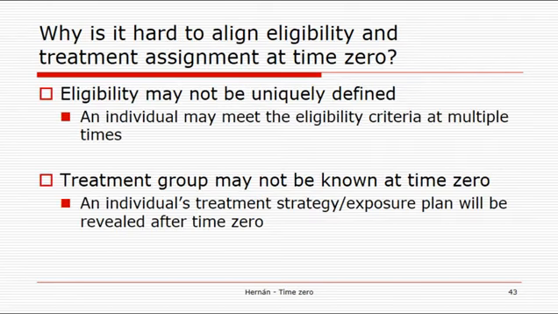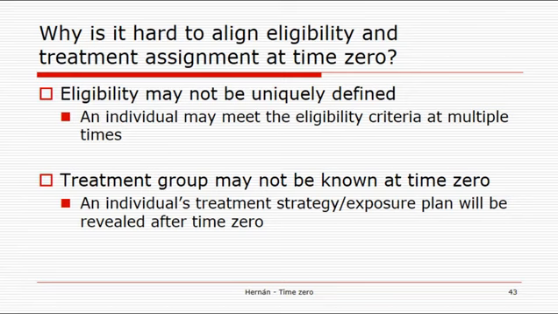Okay, so why is this a problem that time 0 is not correctly assigned in many observational analyses? Well, there are two main problems. One is that in many observational analyses, people are eligible for the target trial at multiple times.